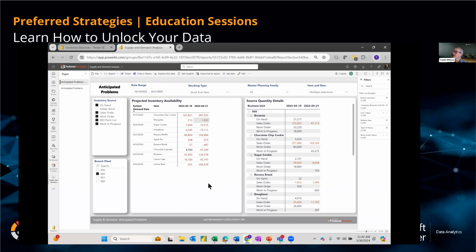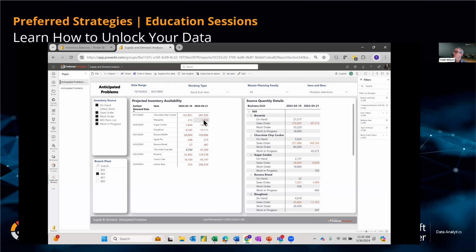Now you can see some of the numbers may be higher than others. If I look at the future week, lemon bars, for example, we've got a huge shortage of availability. Maybe that doesn't matter so much because I can substitute and I've got plenty of substitution, but I've got a margarita flavor that I know I've promised and over allocated. And of course we don't want to do without margarita.